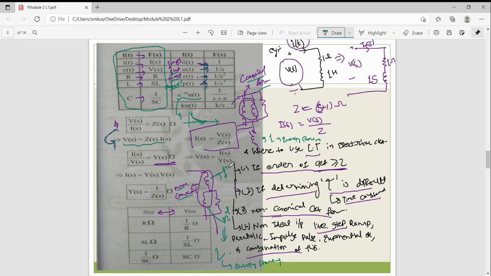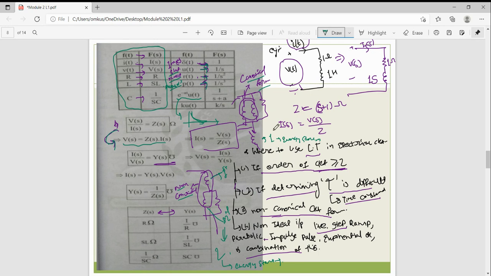So this is one storing element and this is a second storing element. But here you can combine them, so you can directly write it as a canonical form with only one inductor as the storing element.